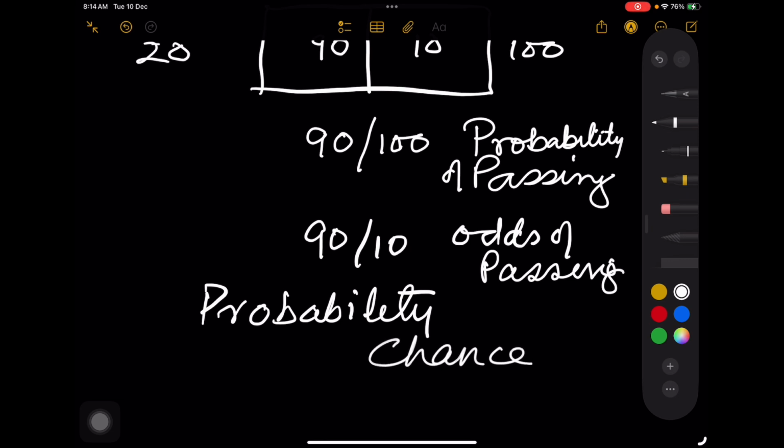And if it was an adverse thing like failing, then 10 upon 100 would have been the risk of failing. So it is also referred to as chance or risk. Risk, especially if the event that you are considering is adverse.